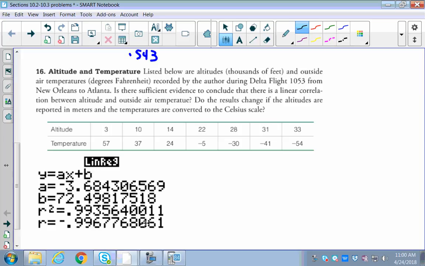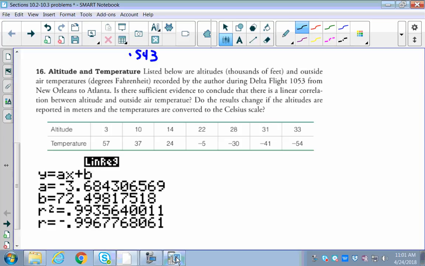If I were testing at an alpha of 0.05, the number of pieces of data I put in there were 7, and that critical value will be 0.754. And of course, negative 0.998 is much less than negative 0.754. So yes, it is a good model. Okay, everybody cool on that?